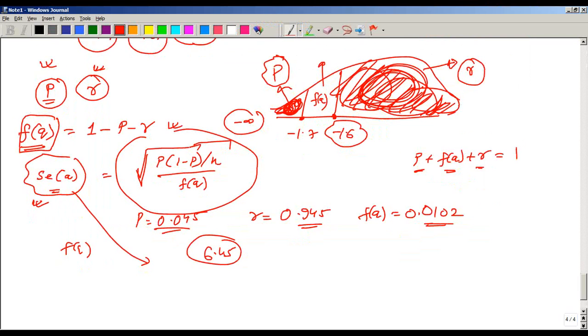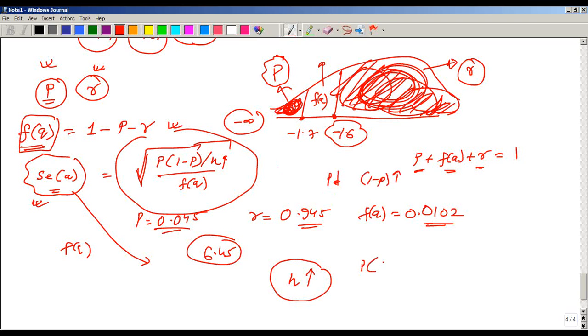What will happen if you increase this width H? If you increase this width, this will increase, and as a result the standard error is going to reduce. Also, if H increases, your P will reduce and 1 minus P will increase.